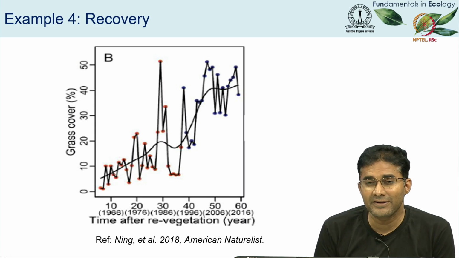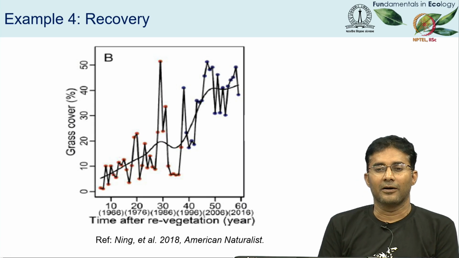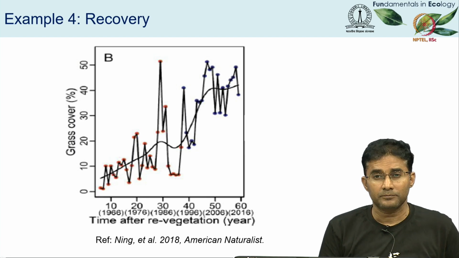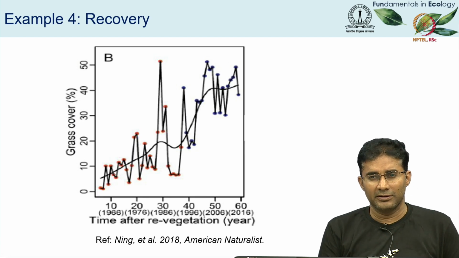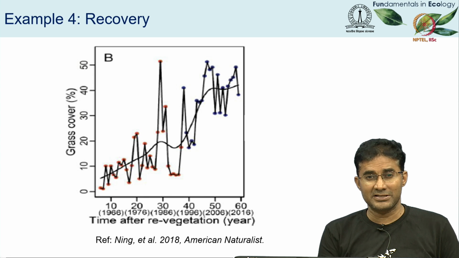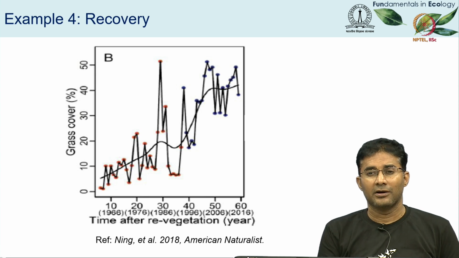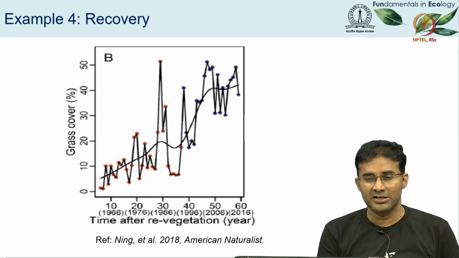So, it is an example of a recovery of a population over time. And what is the process that aids the recovery of populations is again a question of huge significance in conservation and restoration.